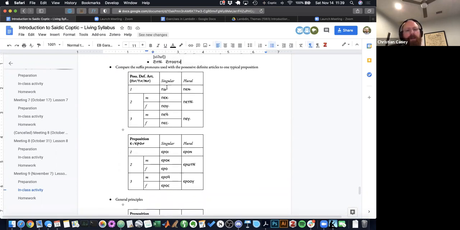In other cases, like in the possessive article, in a case where we might have instead of piot, the father, we might have payot, my father. Why is it not piyot? Well, because the E sound in pre-tonic unstressed syllables tends to become an ah sound.